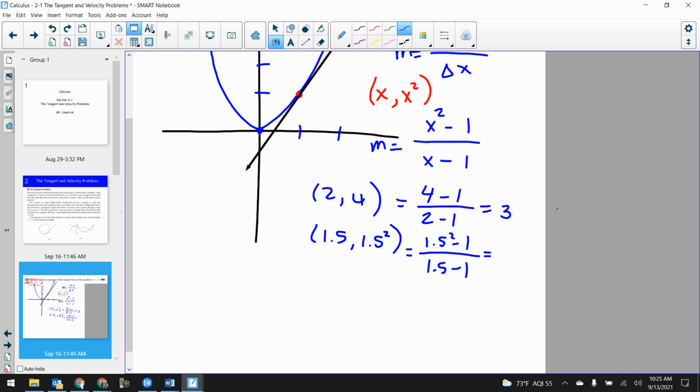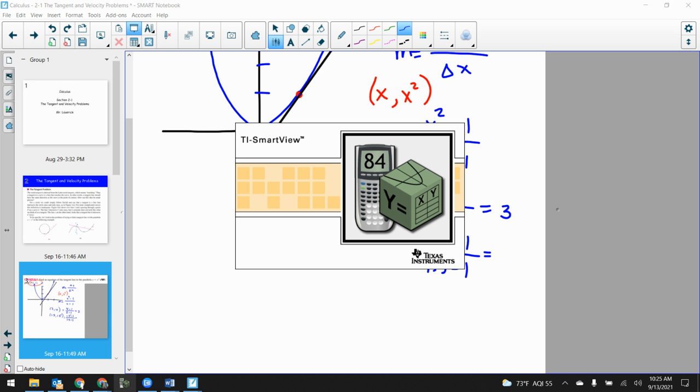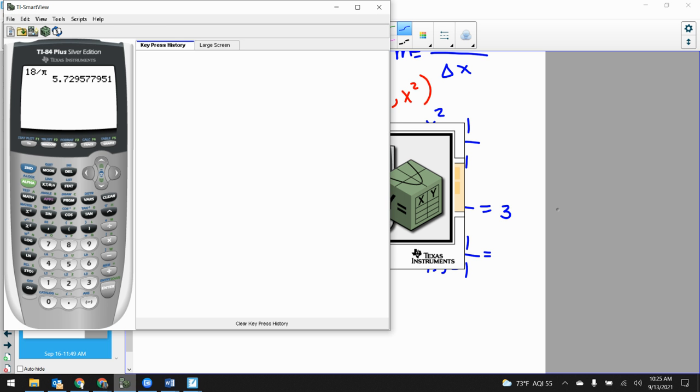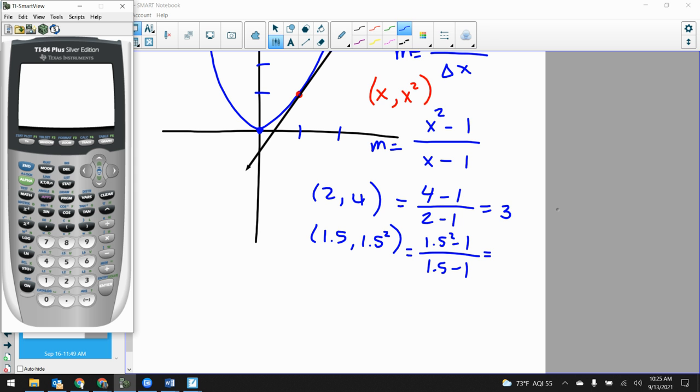Let's see what that turns out to be. Let me get out my calculator real quick. So we have 1.5 squared minus 1 divided by 1.5 minus 1, or 0.5. That's 2.5.